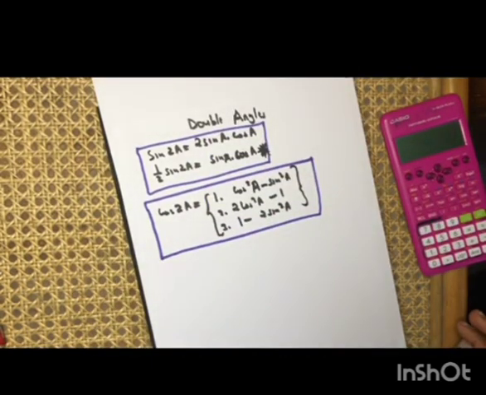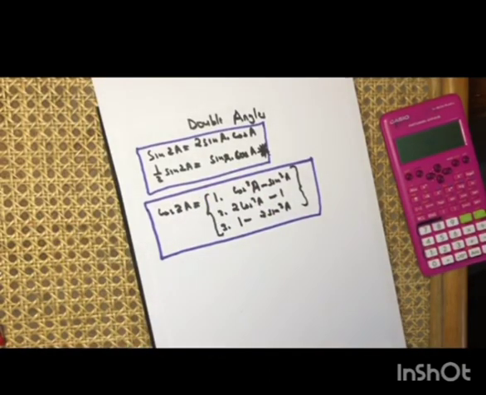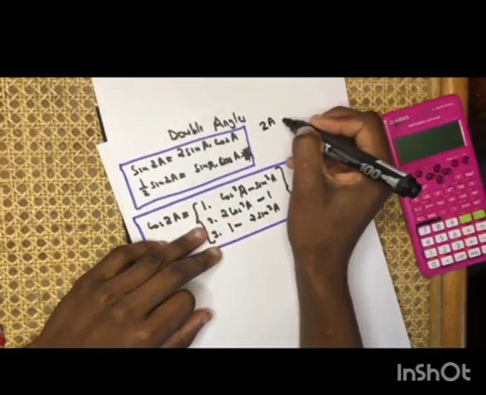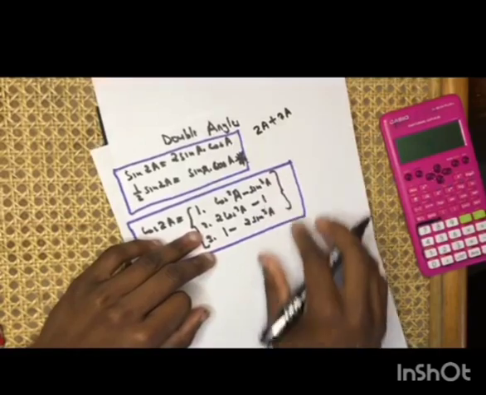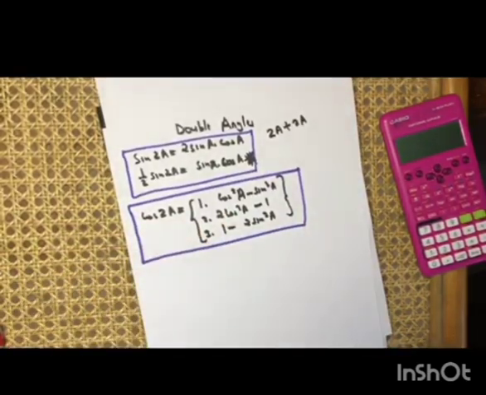The double angle is an angle formed by adding an angle to itself. Understand? Let's say if I add 2a plus 2a, I can consider this one as my double angle because I'm adding an angle to itself.